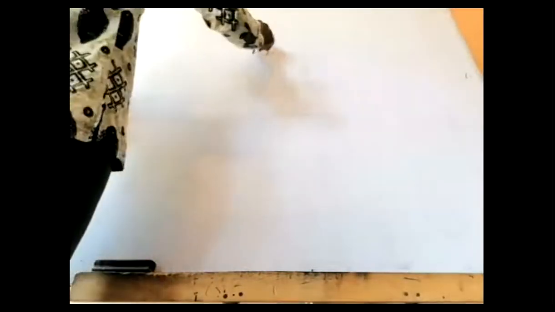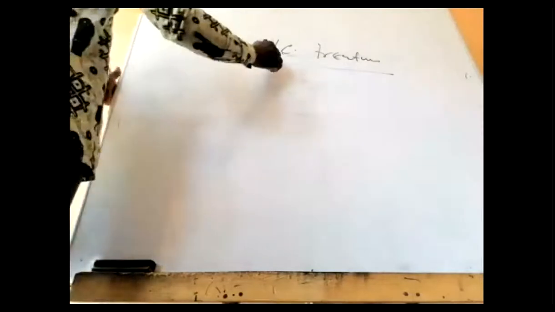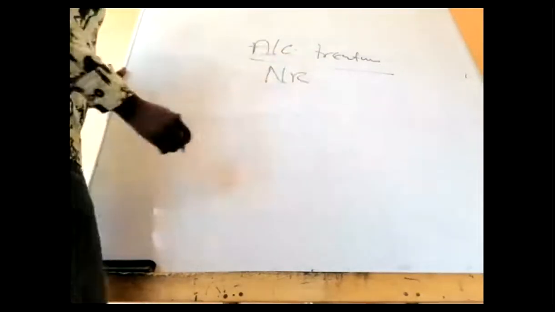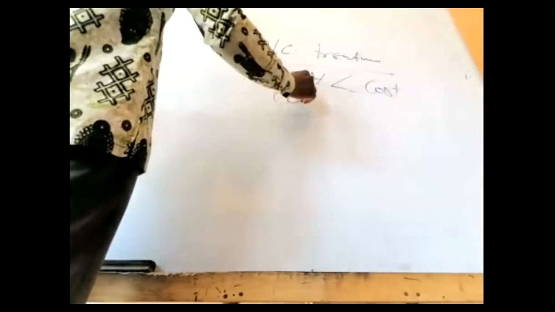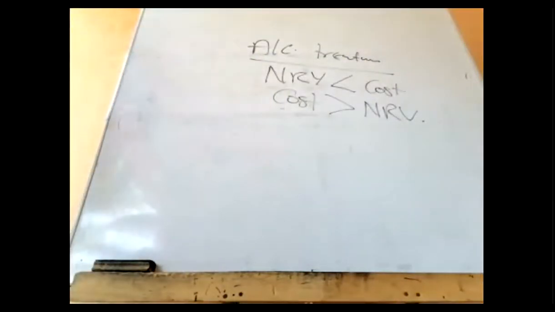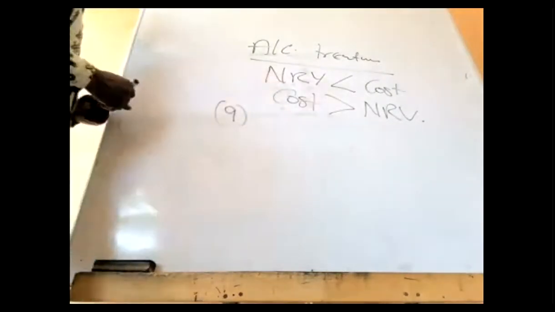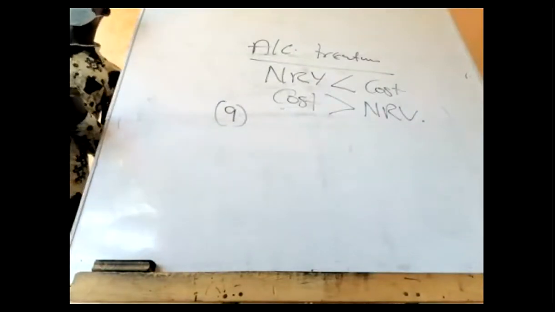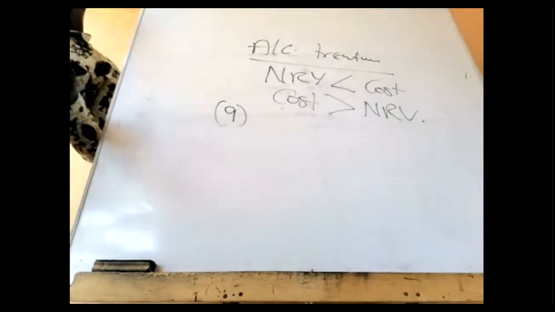So accounting treatment of inventory written down. Anytime the NRV is lower than the cost, or the cost is greater than the NRV, these two statements are the same. How do we get it? Accounting treatment, number 1, just find the written down value, the difference. There are 2 treatments.